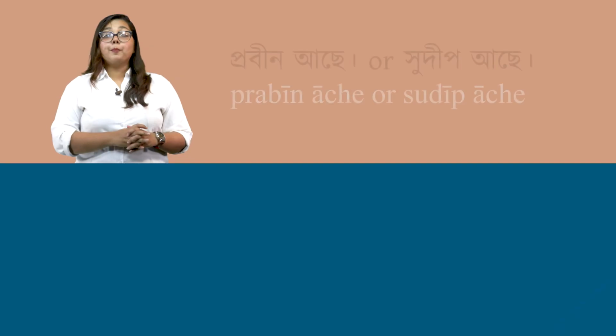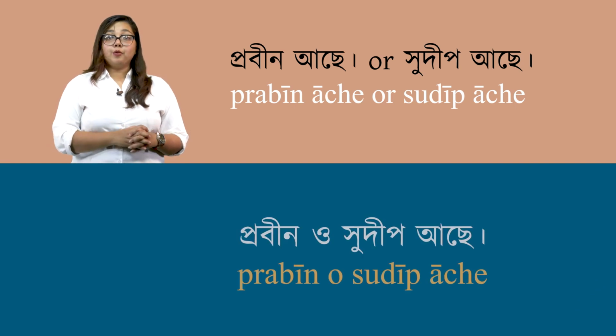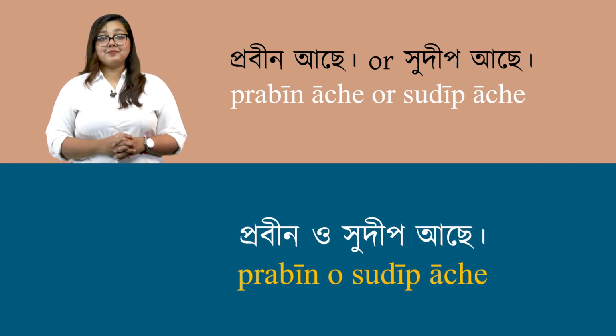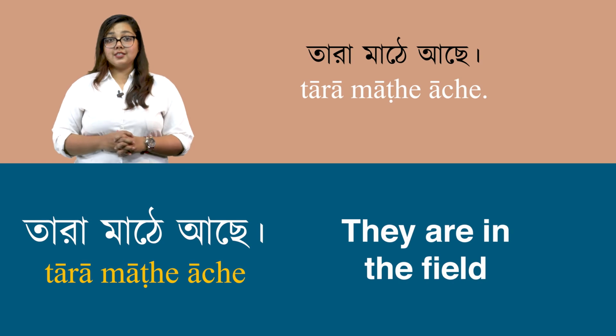Interestingly, in Bangla, be it one or more than one, the verb doesn't show agreement, meaning for both singular and plural forms of subject, the same form of the verb is used. For example, Probin ache or Sudip ache. Probin o Sudip ache. In reply, Amita said, Tara mathe ache, meaning they are in the field.